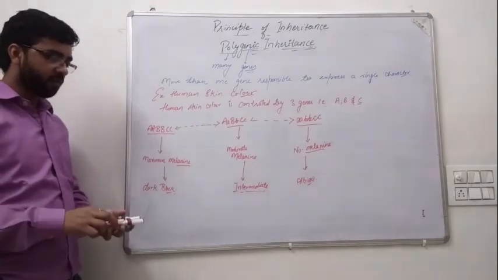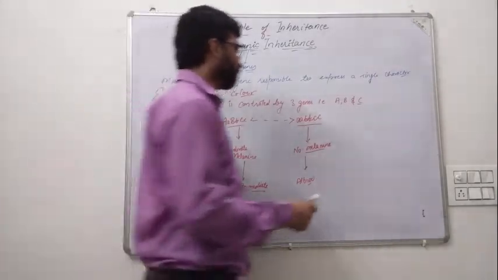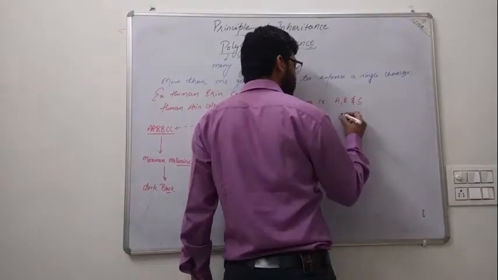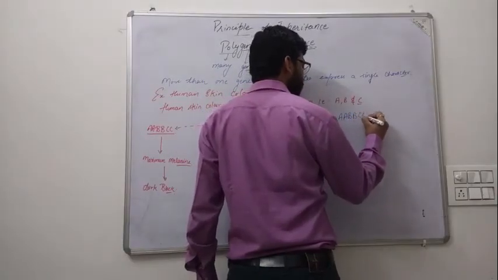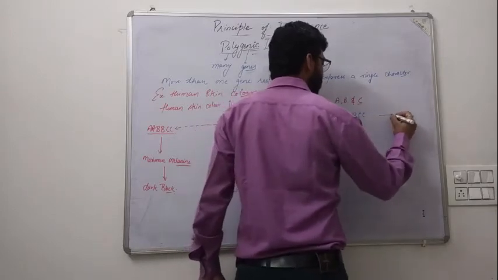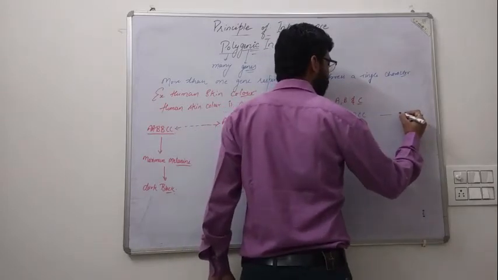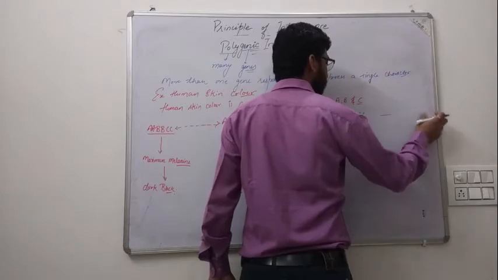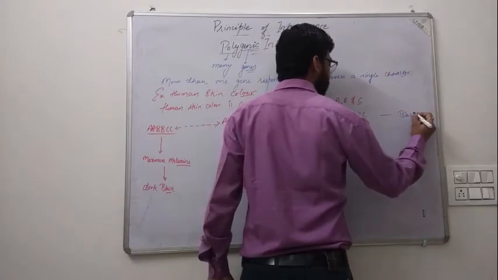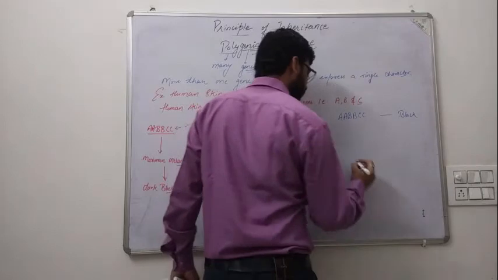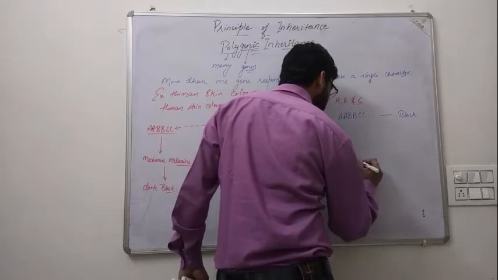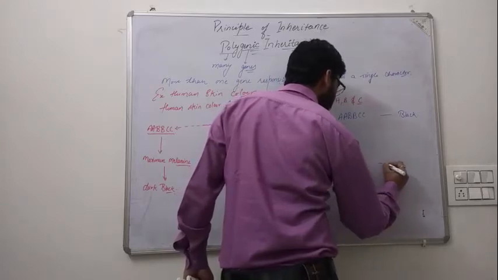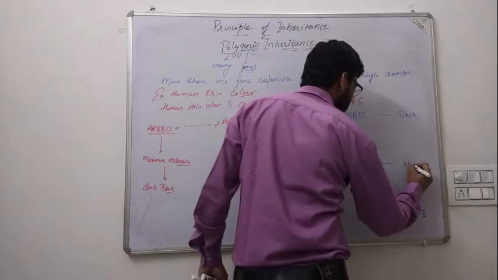So we just find out that when a person has all capitals, the skin tone is black. A person with intermediate, then the skin tone is intermediate.